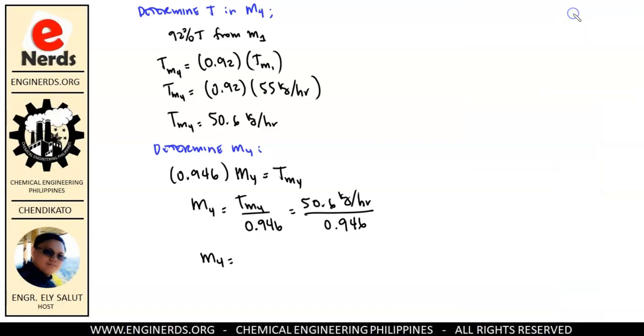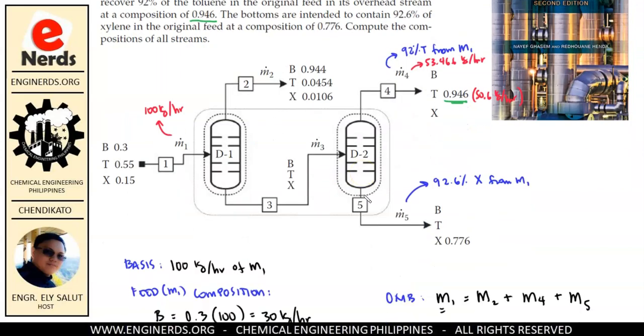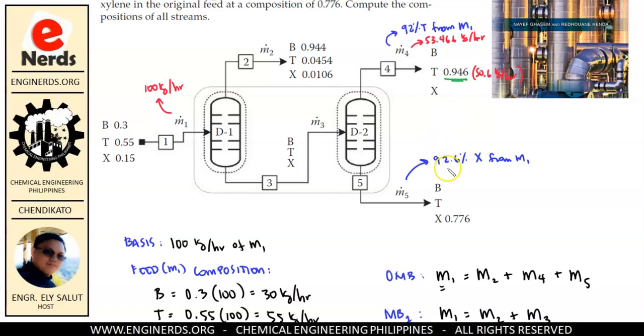Okay? So we have 53.488 kilogram per hour. So now we know the value of our M4 stream. Okay, so our M4 stream is equal to 53.488 kilogram per hour.